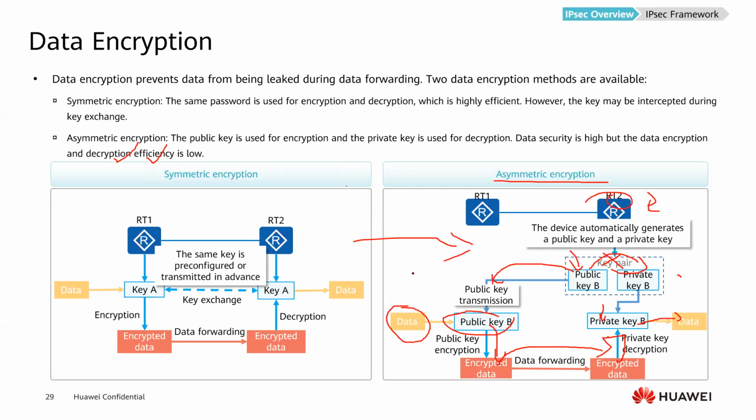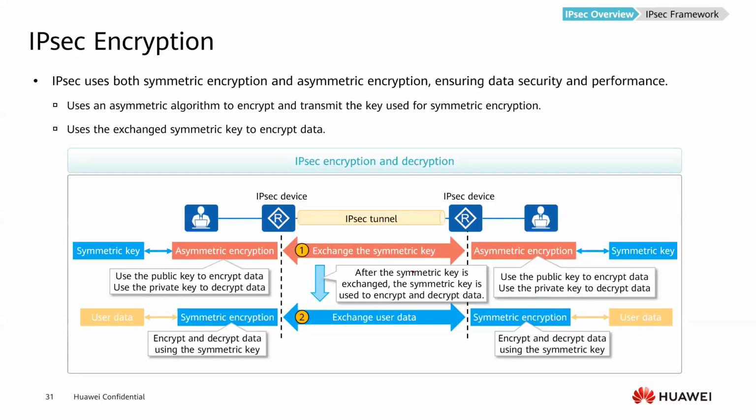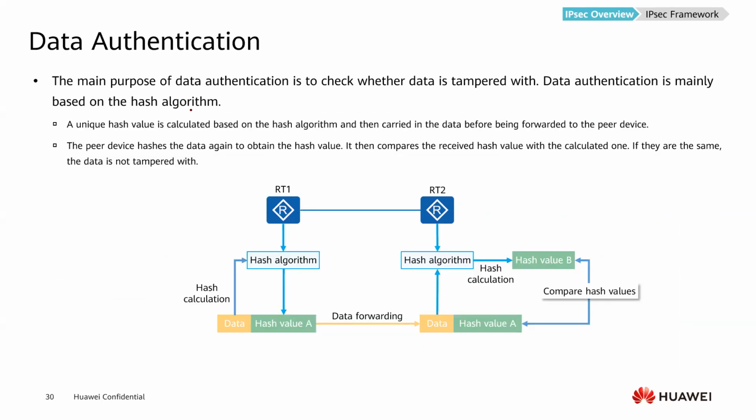So in this world we have two ways to encrypt. Another concept we need to know before is data authentication. Data authentication is also very simple. When the packet is sent out, before they send it out, they will do a hash. The hash will create a hash value, and it will be attached after the data and sent out.